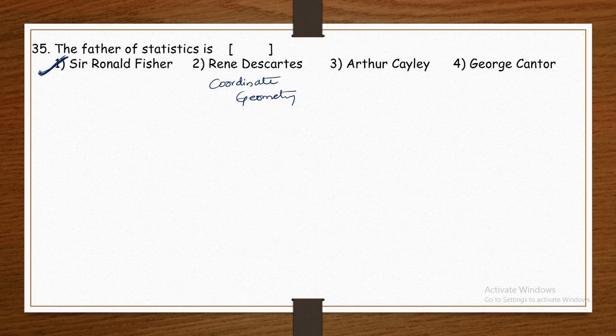Because of his name, Cartes means the Cartesian coordinate system. Next, Arthur Cayley is the father of matrices. Next, George Cantor is the father of sets. So learn these additionally.